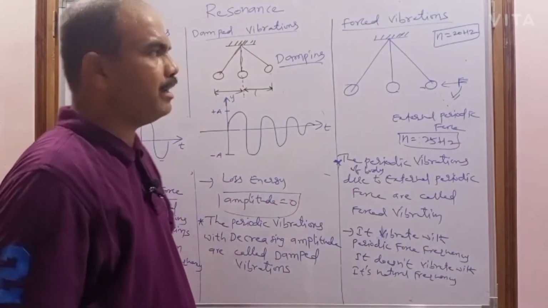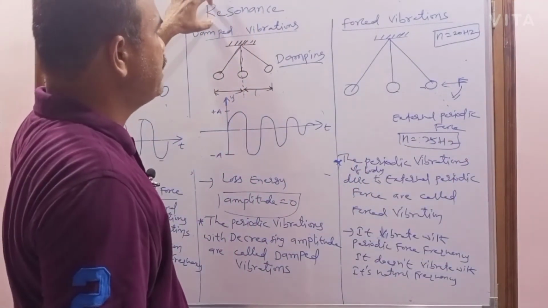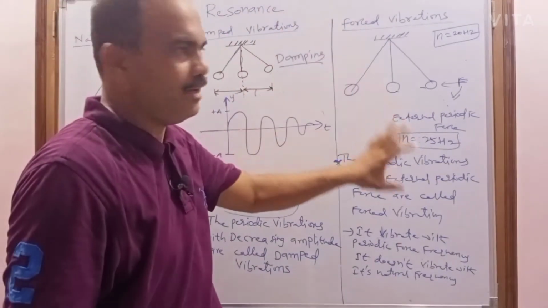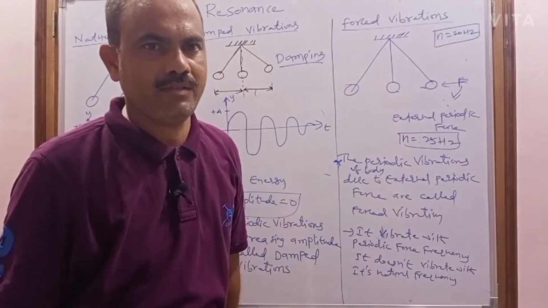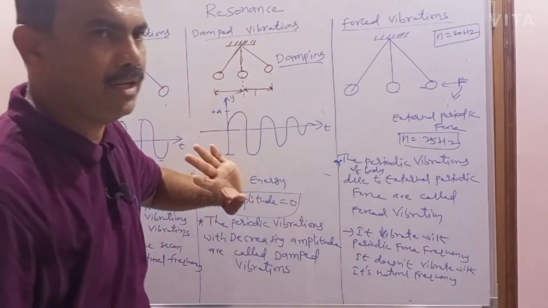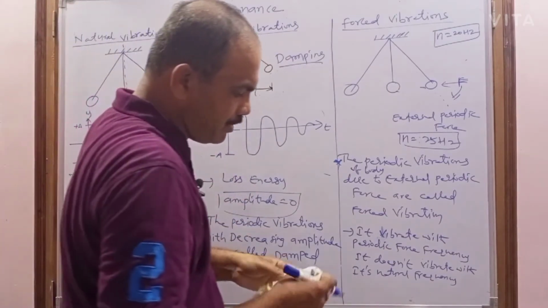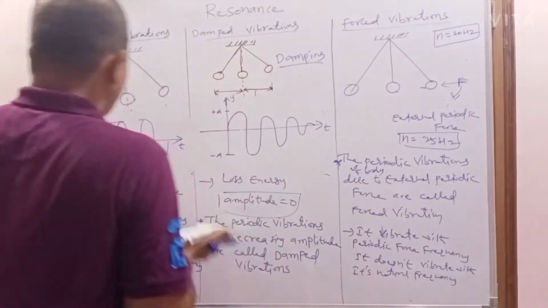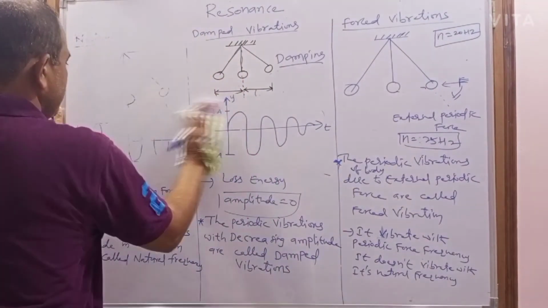That phenomenon is known as what? Resonance. Resonance is one case of forced vibrations. If you understand forced vibrations, then you can easily understand resonance, because resonance is nothing but a case of forced vibrations. So now I am moving to resonance.